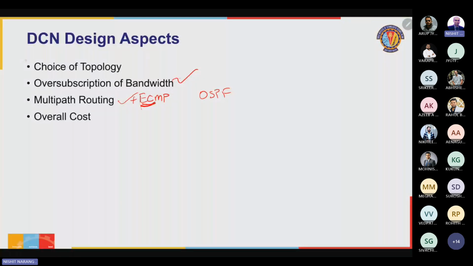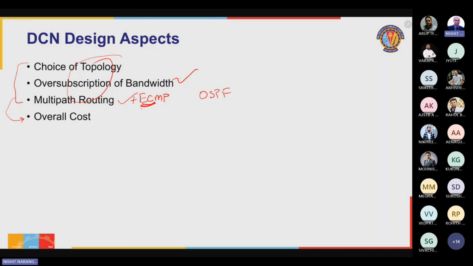And of course, when I make these choices of topology, how much bandwidth oversubscription I should go with, whether I should use multipath routing, this is all contributing to your cost of setting up the data center network. So eventually you have some budget at hand, and that budget is what is constraining you from making some of these design choices. So data center network design is not a simple task.